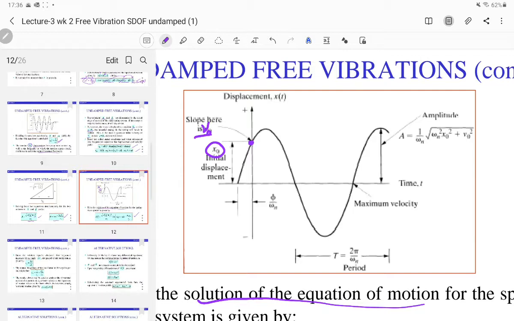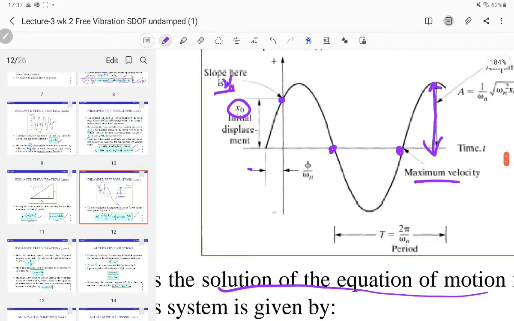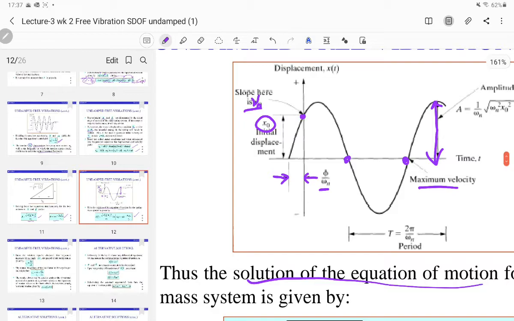So the slope is the initial velocity, the height is your x naught, and you can also get information in terms of period, and maximum velocity in terms of the slope. The amplitude, you can get from the graph. Oh yeah, and also phi over omega n. If you look at this figure here, you can get this phi over omega n value.